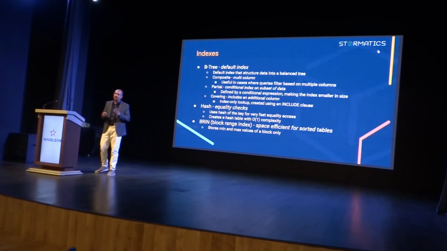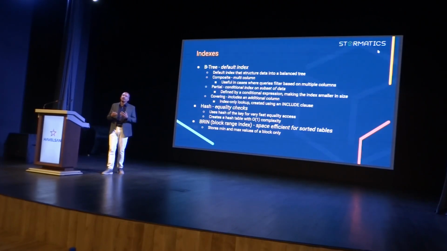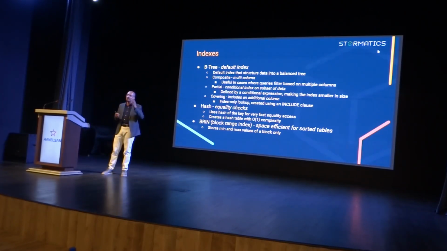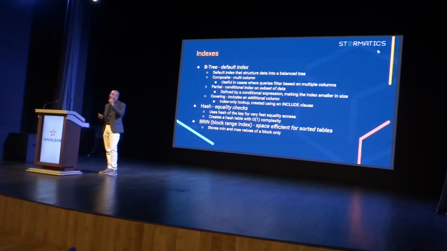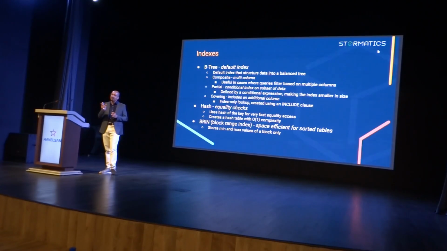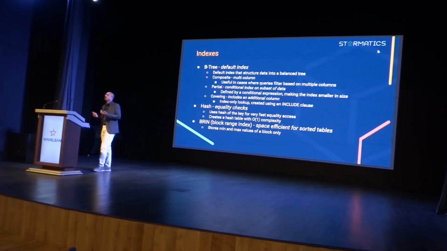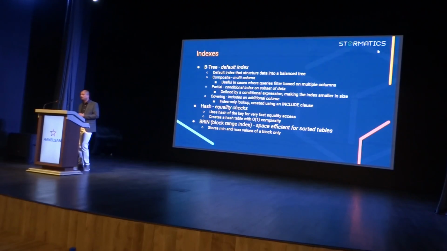But what covering does is that it uses the keyword include in the clause when you implement that index. If you usually fetch data in a way that multiple columns are being fetched and only one of them is indexed, then if you include the other columns in the index command, the database will sort the data in a way that the other columns are also fetchable quickly along with the indexed column.